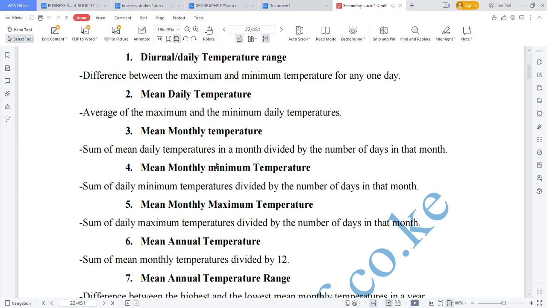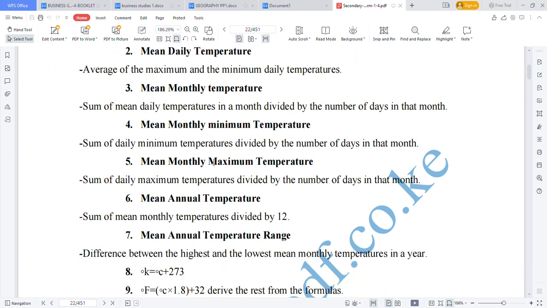Number 3 is mean monthly temperature. It means monthly, so we get the sum of the monthly temperatures, then divide by the number of months provided.